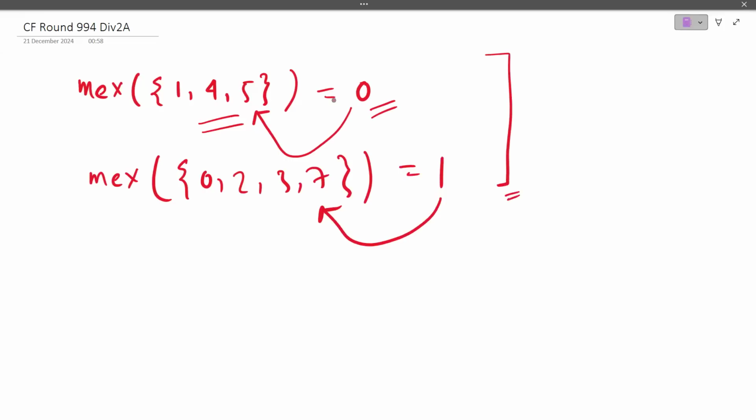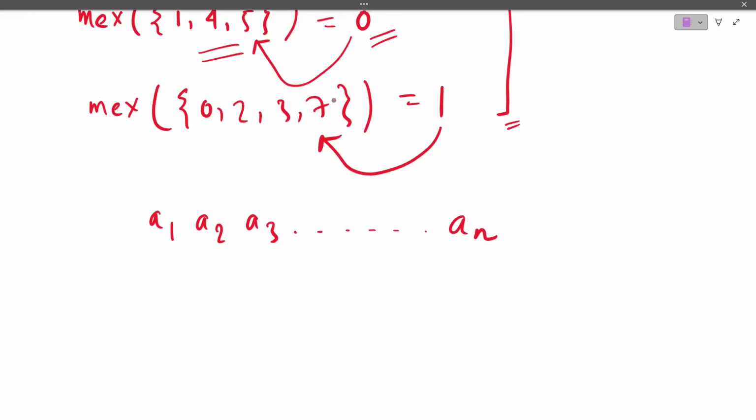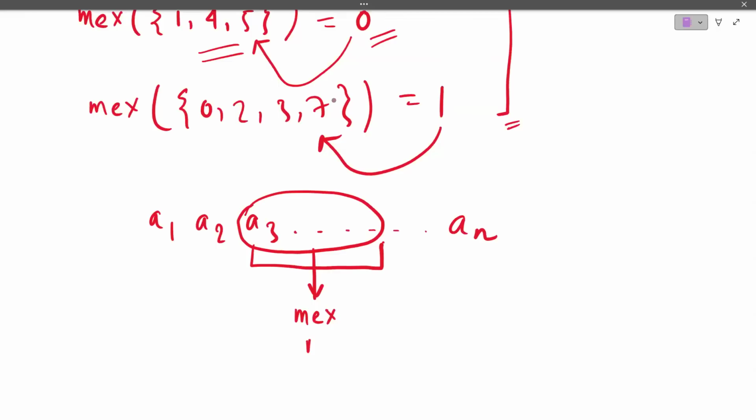Now let us understand what the problem statement actually asks for. It gives us an array A1, A2, A3, up to An. What can we do in one operation? We can choose one segment, and then convert this entire segment into its MEX value. Suppose that value is mx.